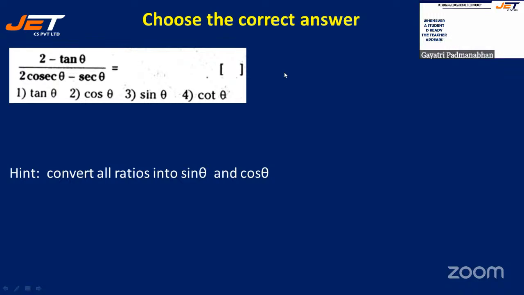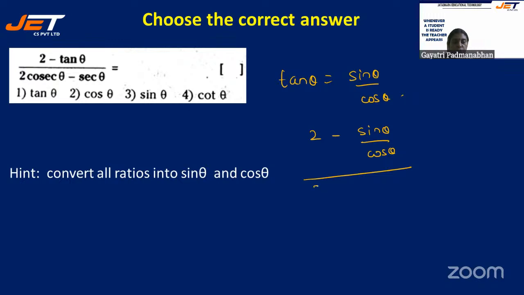Isn't it? Let's try doing it. So what is tan theta? Sine theta by cos theta. Isn't it? So let's put it in the sum. This 2 minus sine theta by cos theta, by 2 into what is cosecant theta? 1 by sine theta, minus what is secant theta? 1 by cos theta. Alright, students.